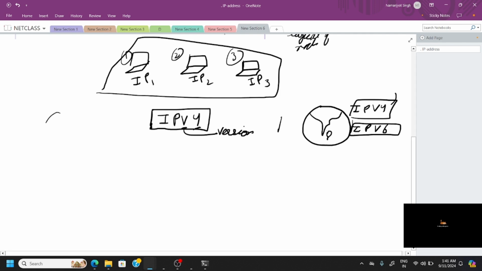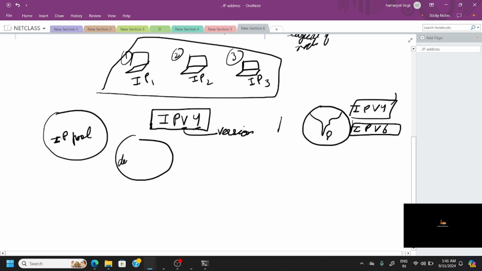For example, we have an IP pool, and there are a lot of IPs in the pool, but there are also a lot of devices in this world, from a watch to your PC to your cell phone. Each node is given an IP address. In future this IP pool will be exhausted.